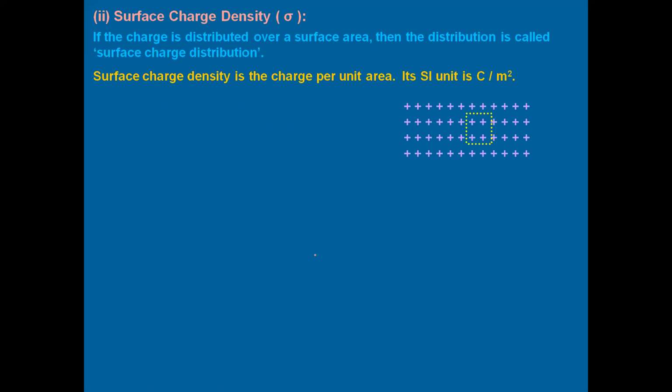If you take a small surface area ds, and if dq represents the charge on that small area ds, sigma can be written as q by s, that is total charge by total area, or it can be written as dq by ds. So in order to get the total charge, we can cross multiply so that dq becomes sigma into ds.